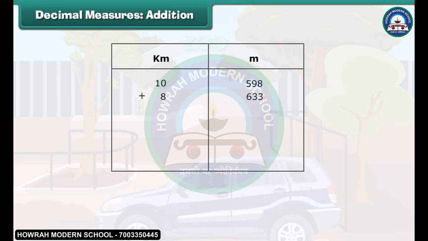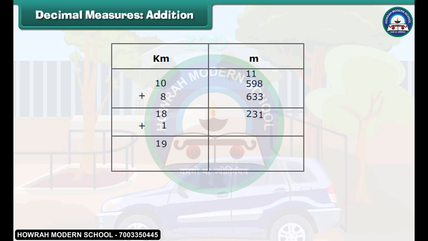Now add it. The sum of 598 meters and 633 meters is 1231 meters, which is equal to 1 kilometer and 231 meters. Thus, 1 kilometer is added to 18 kilometers. In total, they have covered a distance of 19 kilometers and 231 meters.